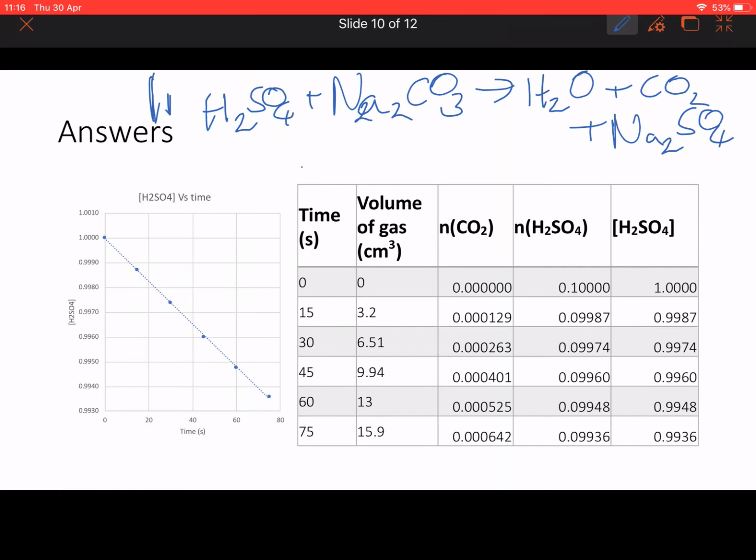So it's a 1-to-1 ratio. So however many moles of carbon dioxide you have produced, you have used that many moles of sulfuric acid. Okay?